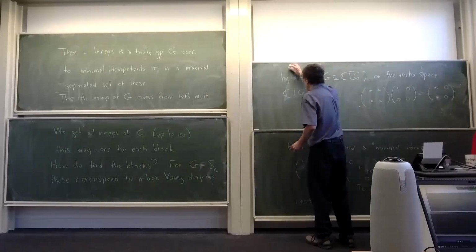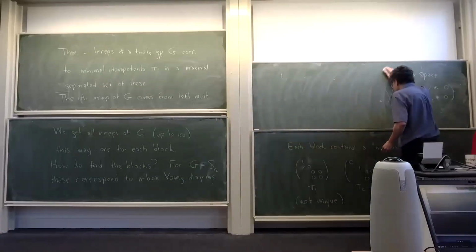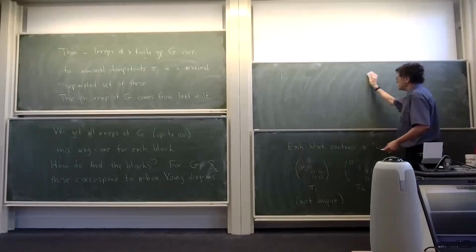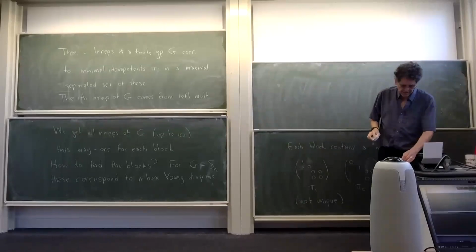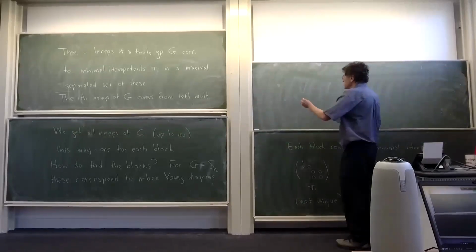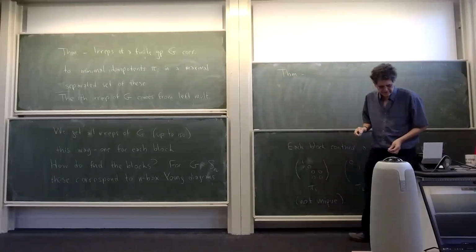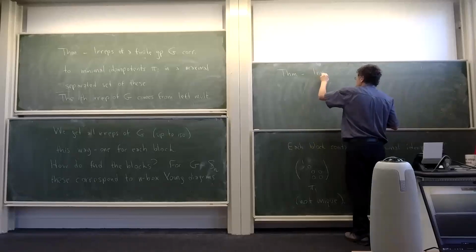Okay, so this is general stuff for finite groups. Now, how do you get these minimal idempotents in the case of the symmetric group, which is what we're really interested in? The theorem there is just sort of announcing what we're going to do, and then we have to fill in more details.